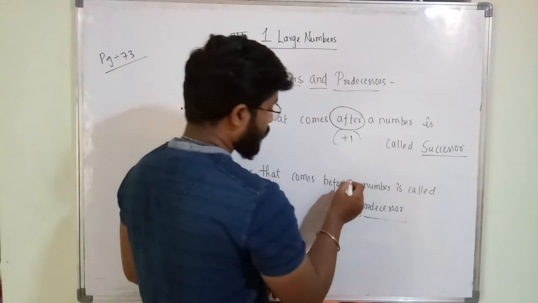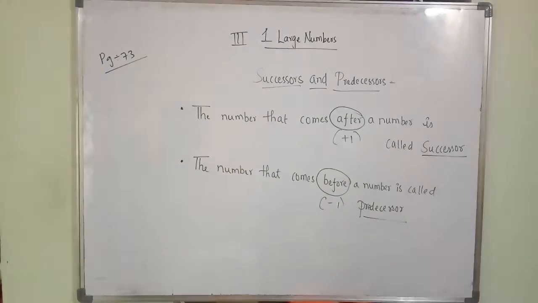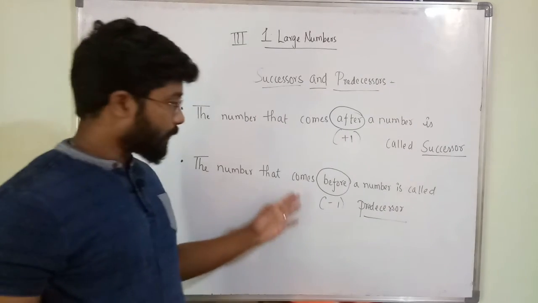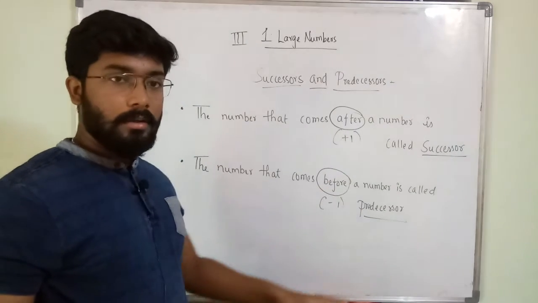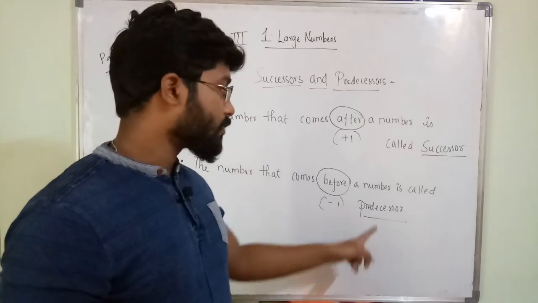Before, you have to do minus 1. So the number which comes before a number is called predecessor.